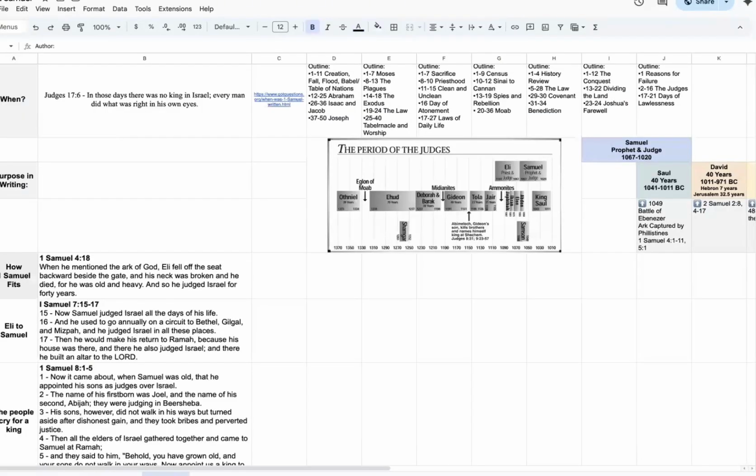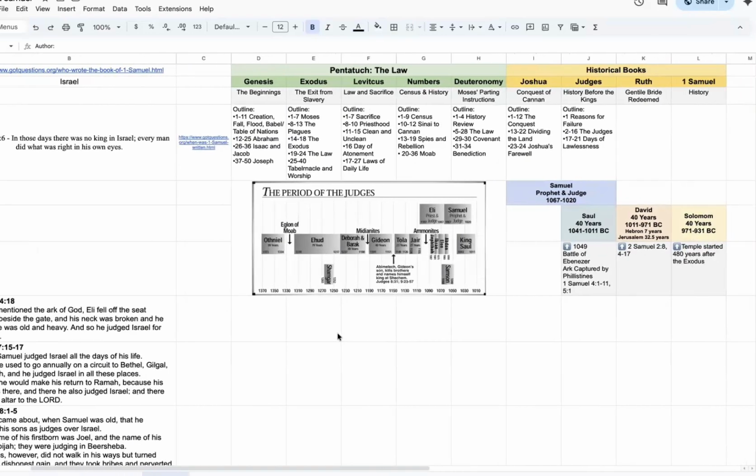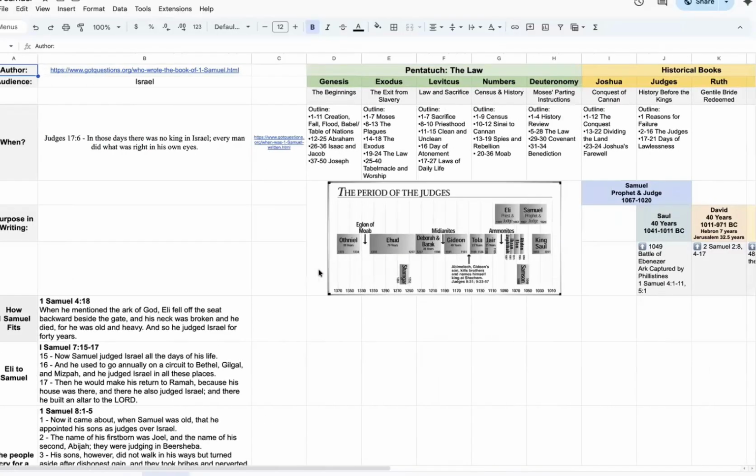You have your context, which I just pulled in from 1 Samuel. The one thing we didn't do, which we can do next week, is I do have who wrote the book of 1 Samuel, but I would like to know, because Samuel's dead.